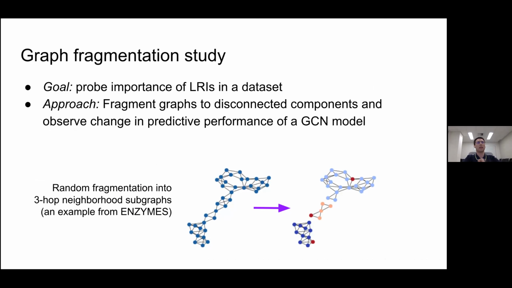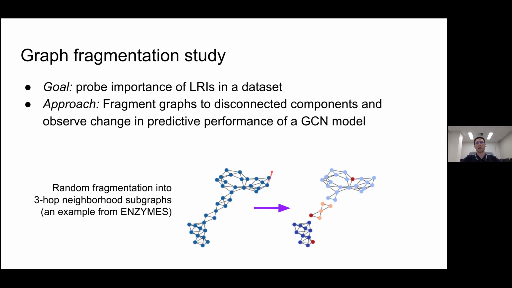And for that, we decided to do this graph fragmentation study to probe the importance of long-range interactions in graphs. And we're doing it by fragmenting the graphs, disconnecting components, and observing the change in the predictive performance of a graph convolutional network baseline model.